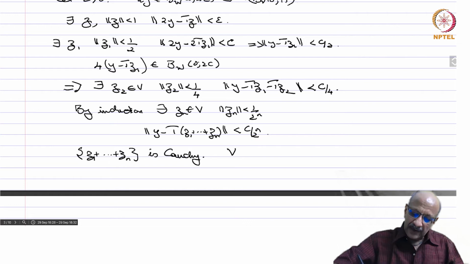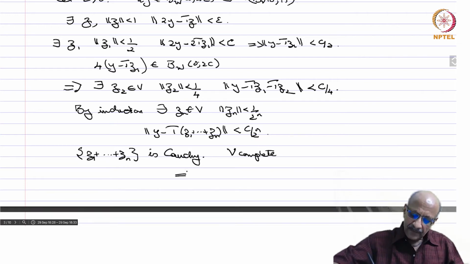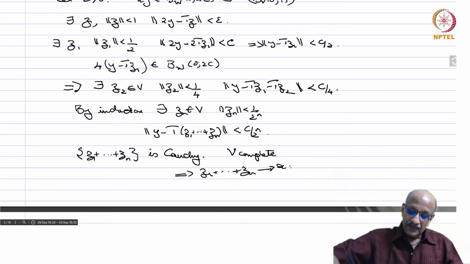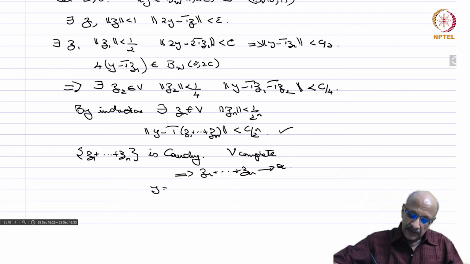So V complete, so now the last part of the hypothesis implies z1 plus ... plus zn converges to some x. And then you have from this condition here that y equals Tx. And what is norm of x?